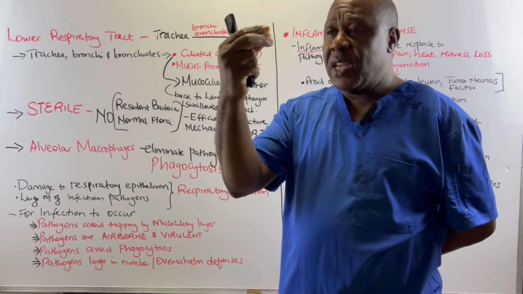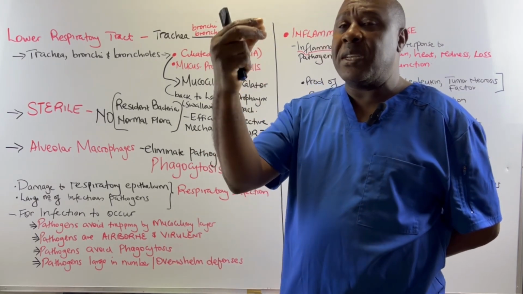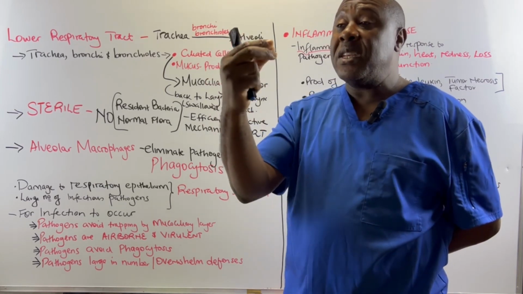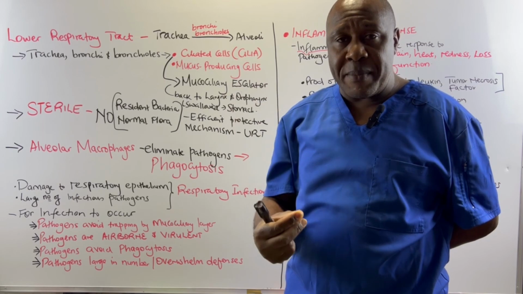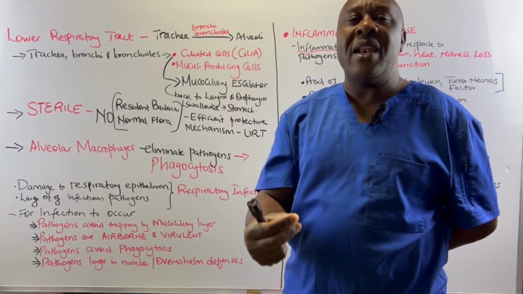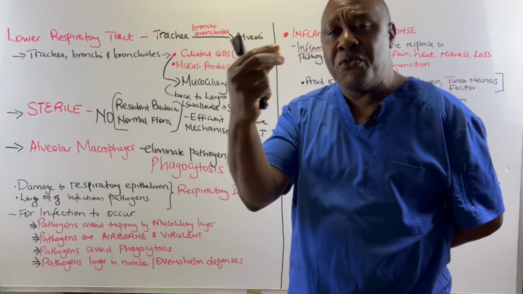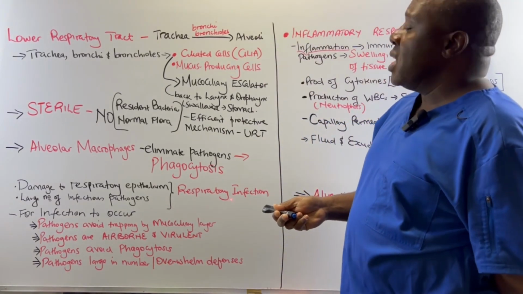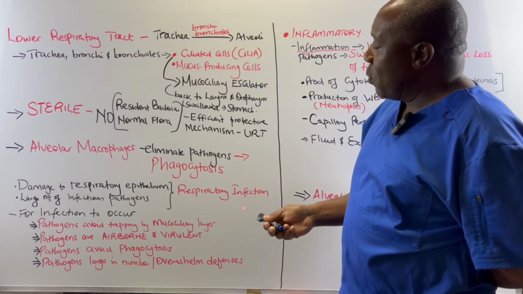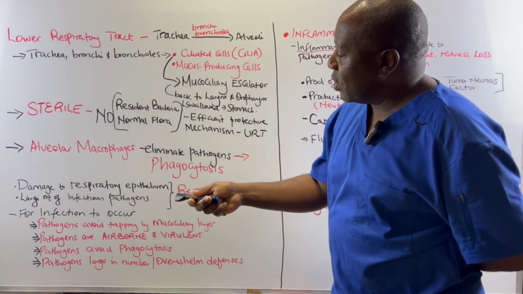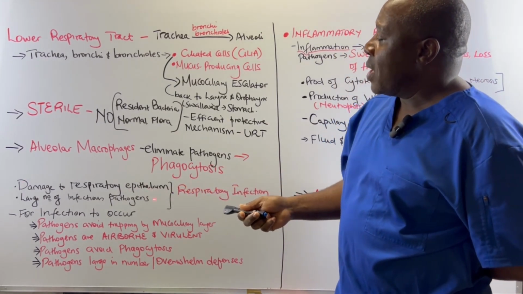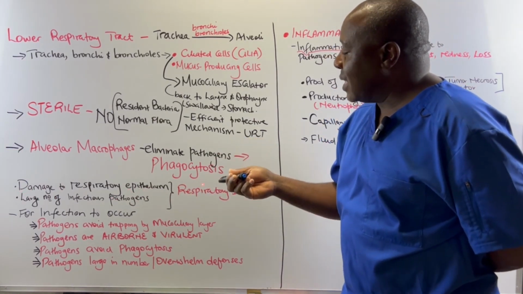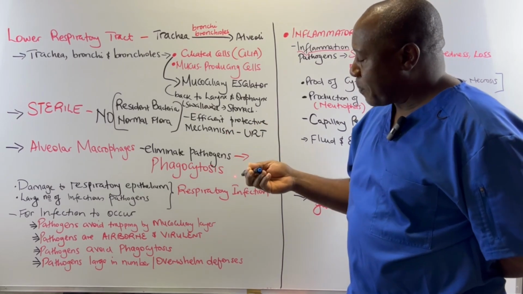So when the respiratory epithelium that produces mucus and those bactericidal substances is damaged, and when we have a large number of pathogens invading the respiratory tract, then we end up having a respiratory infection.